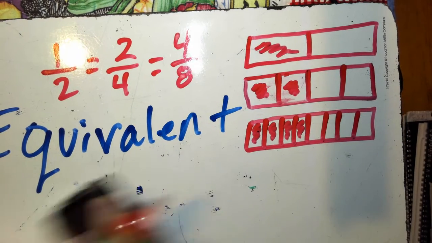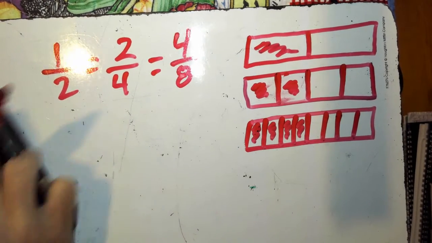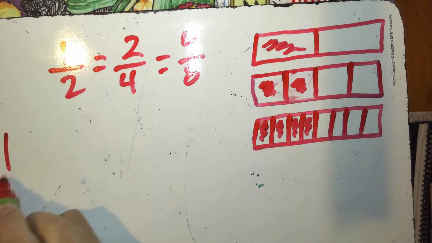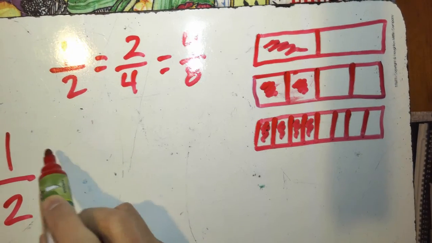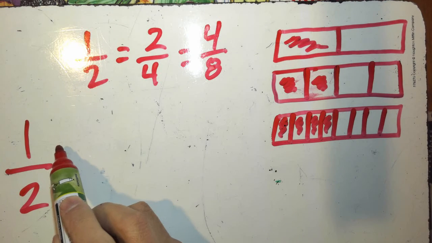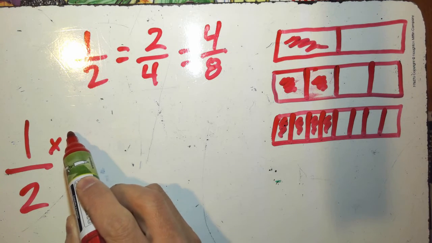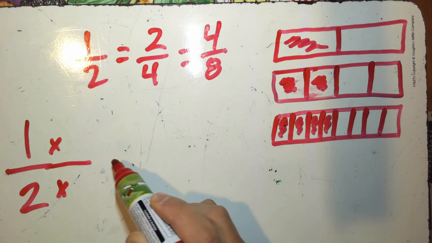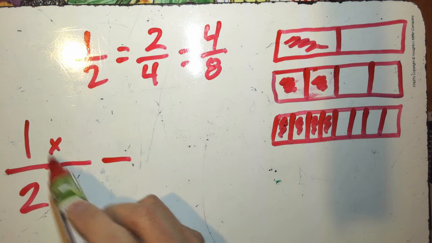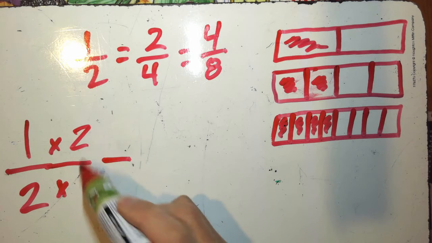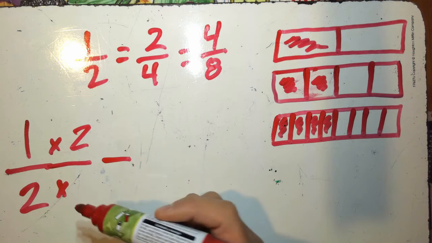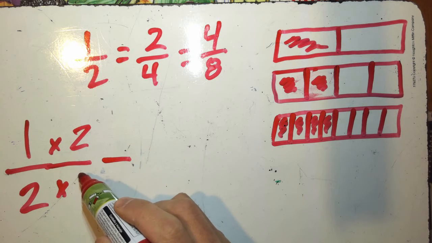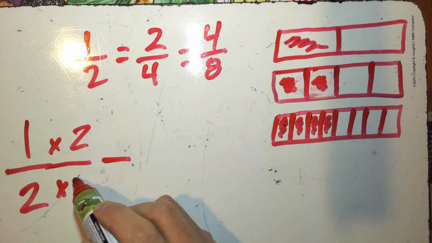Now let's erase this part here in the middle, and let's show you a way to get there also by multiplying. So we take our 1/2, and whatever we do to the top, we also do to the bottom. So let's multiply it by 2. Just pick 2 because it's an easy number to multiply by. 1 times 2, and then whatever we do to the top, we do to the bottom.